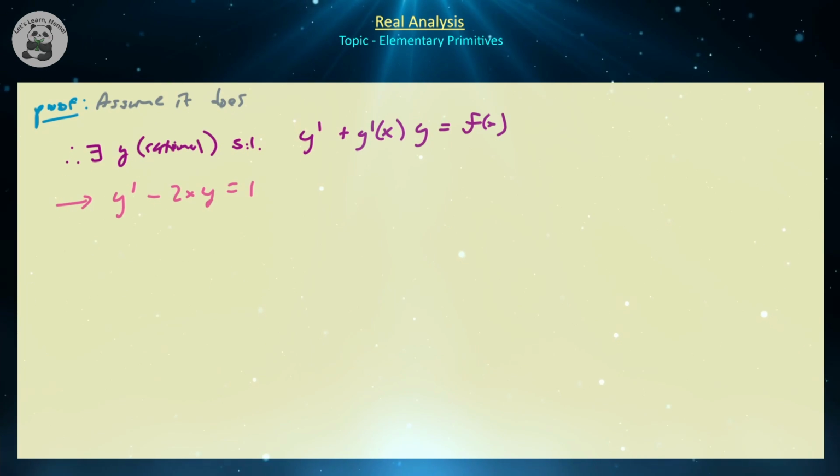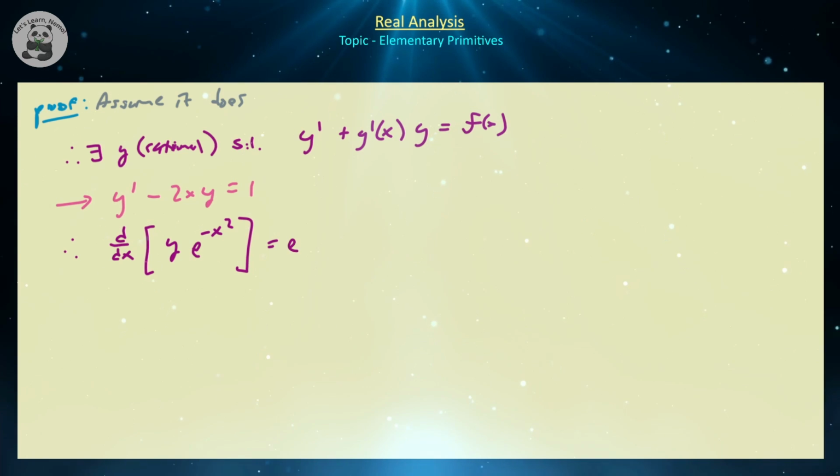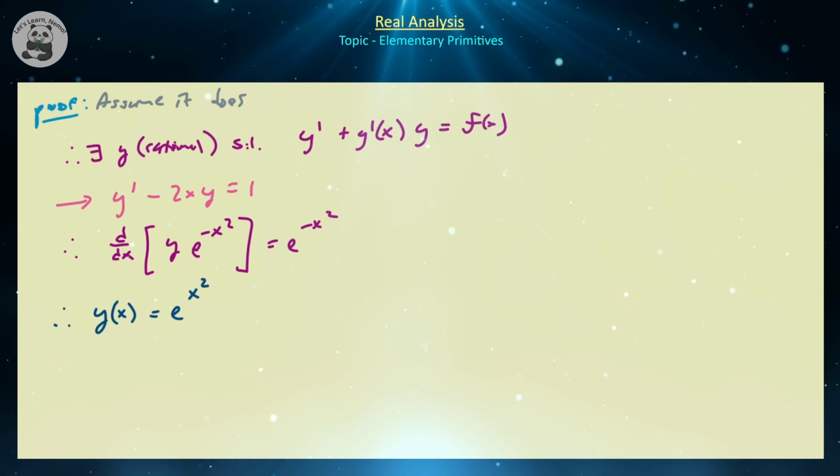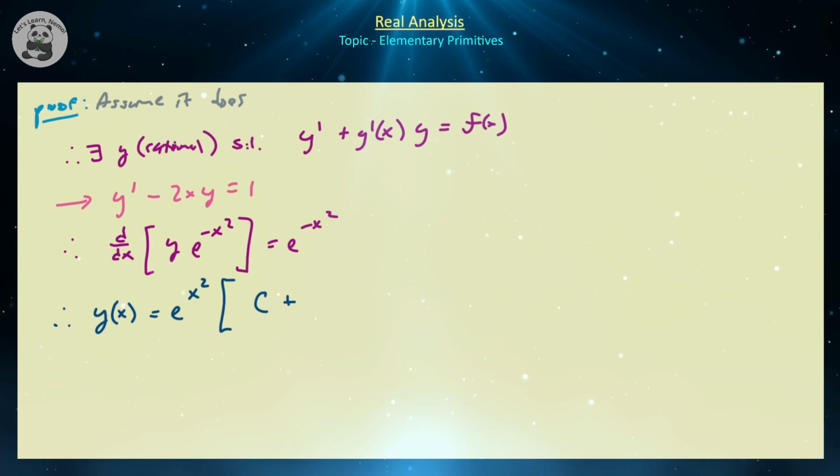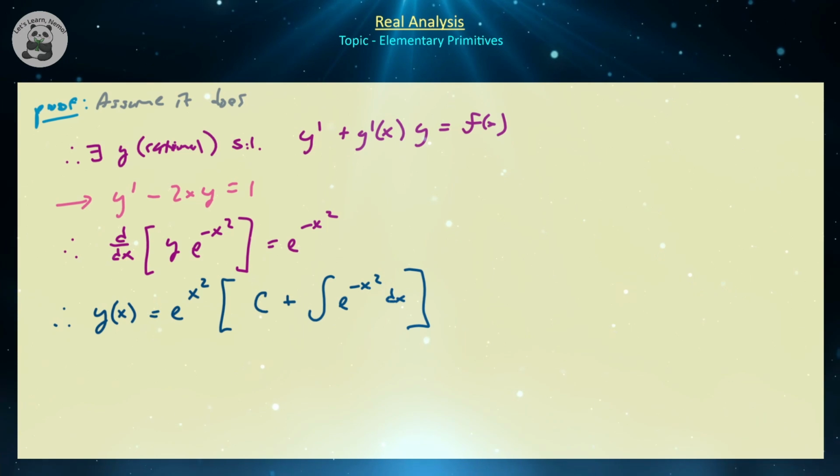So, using our integrating factor, just like before, this is just going to turn into the derivative with respect to x of y times e to the minus x squared is equal to e to the minus x squared. And then once we multiply both sides by a differential of x and integrate, we're going to have that our solution, y of x, will be equal to e to the positive x squared times c plus the antiderivative of e to the minus x squared dx.